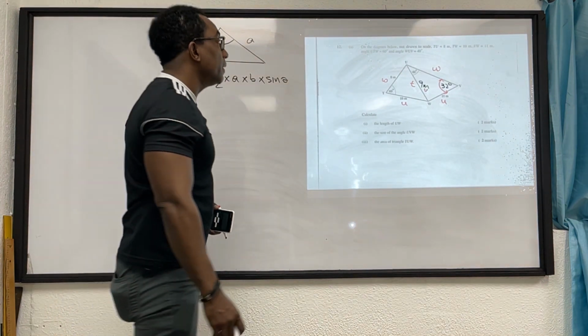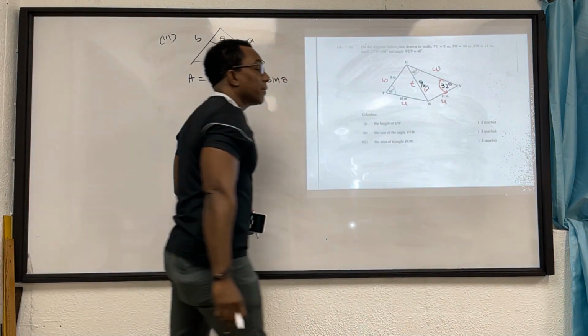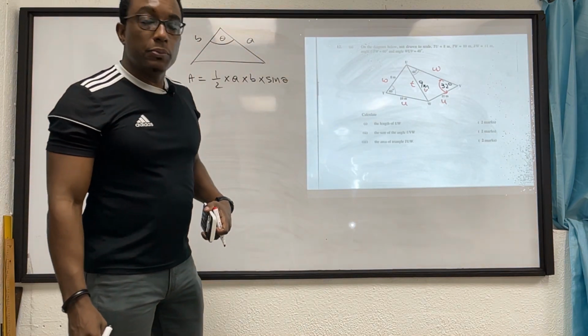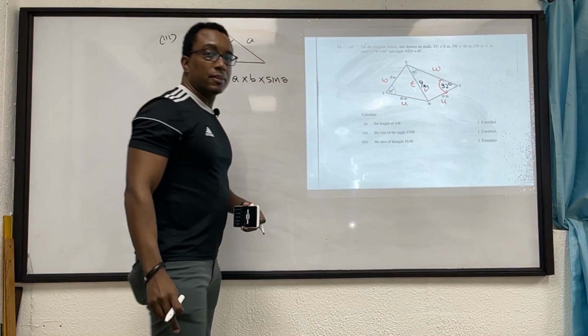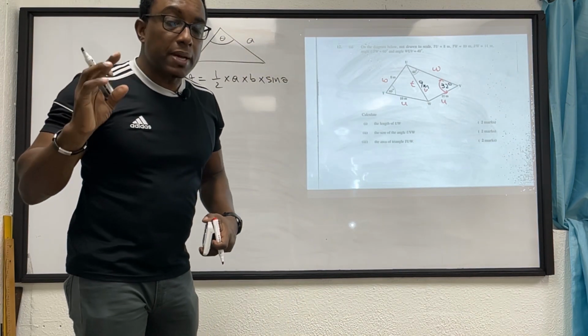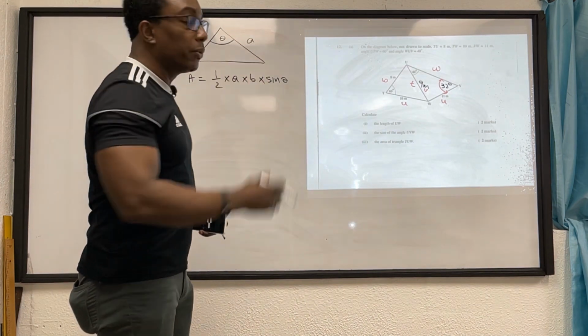So for part 3, keep that formula in mind, let's find the area of triangle TUW. And when we look at that triangle, what do we see? We see 2 known sides and an included angle. Once you see that, automatically what comes to your mind will be that important formula.